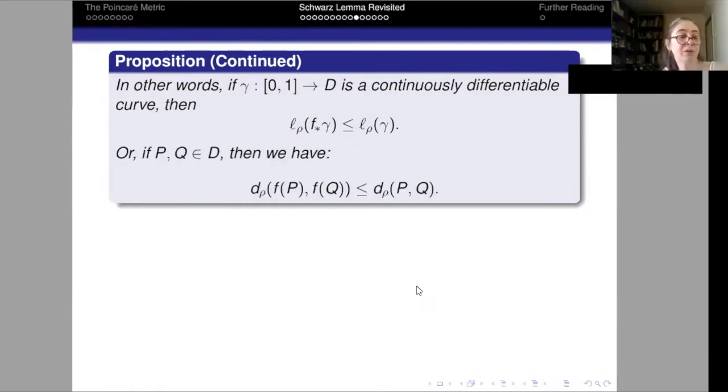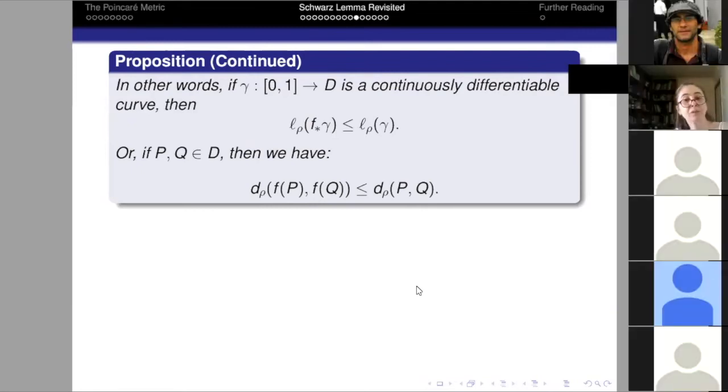Or, if you want to express it in another way, if P, Q are 2 points in the disk, then the distance from f(P) to f(Q) is less than or equal to the distance from P to Q. So the Poincare distance metric is distance decreasing.